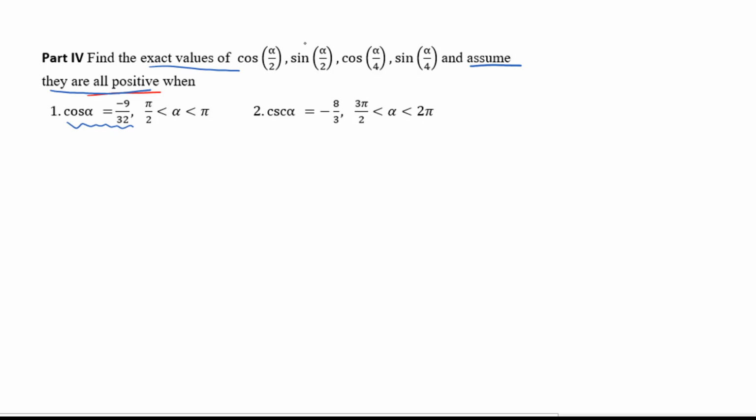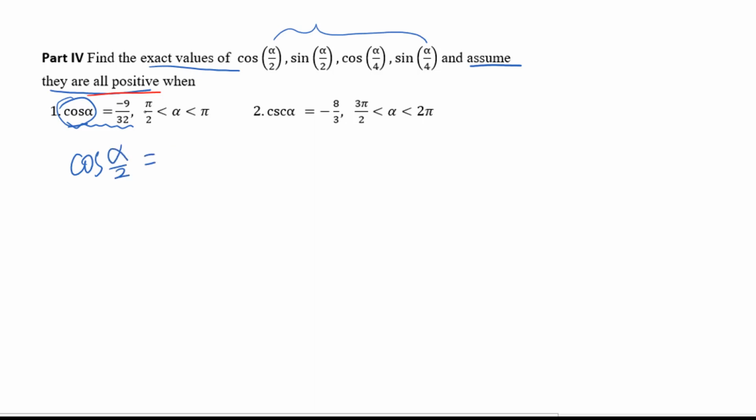Remember that for half-angle identities, as long as we know cosine, we can figure all this out. Therefore, we don't have to figure out sine alpha, tangent alpha, and so on. We will just use this cosine alpha equals negative 9 over 32 to work out the cosine alpha over 2.